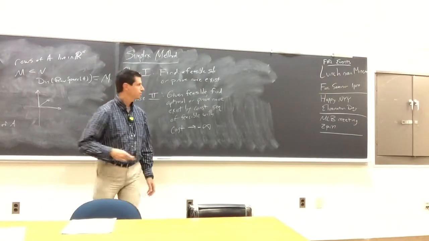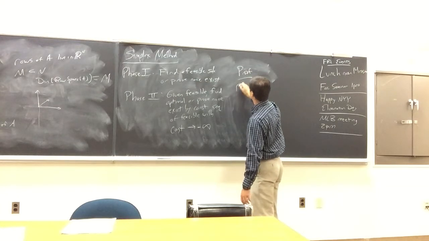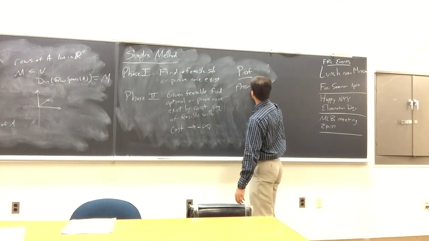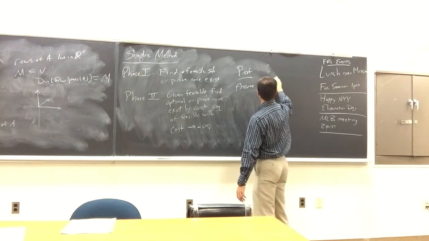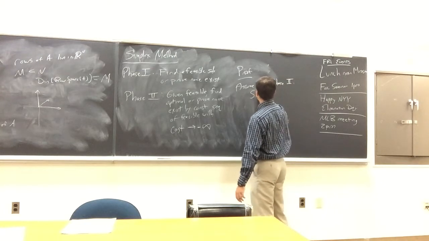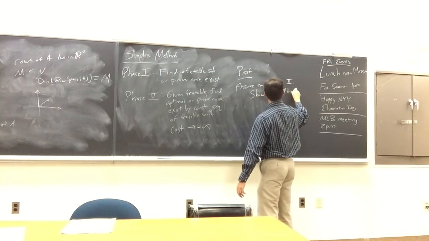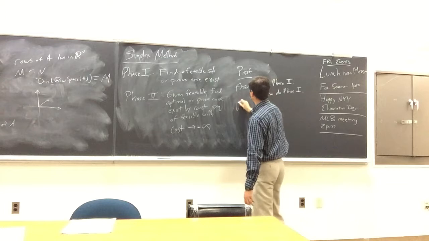All right, and the way it works is the following. So proof. Assume can do phase 2. Show can do phase 1.